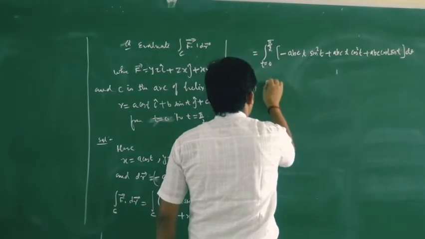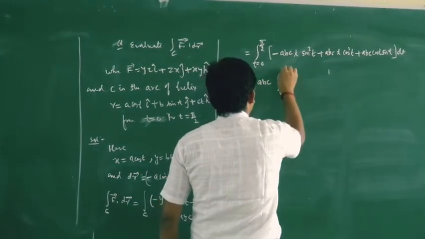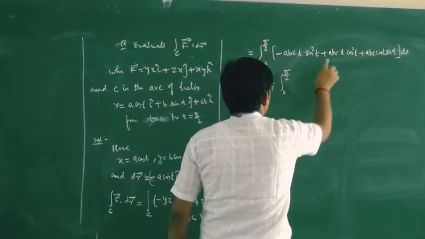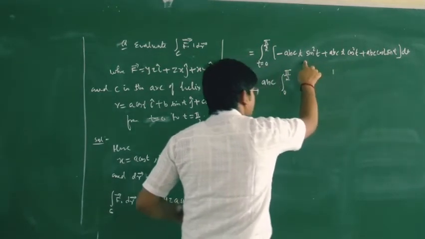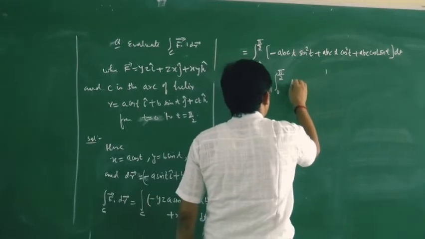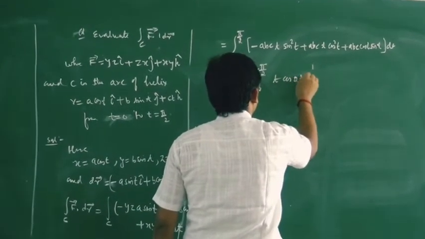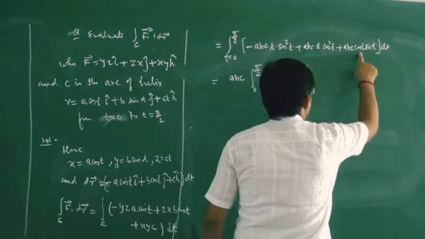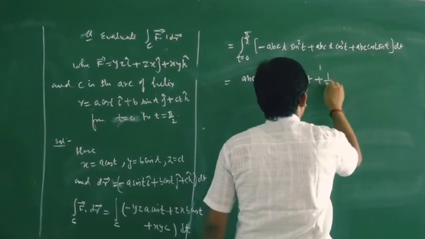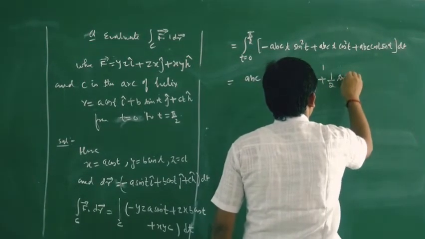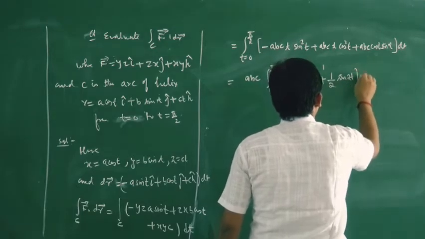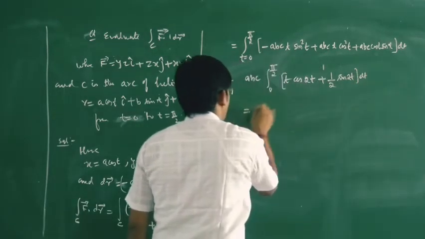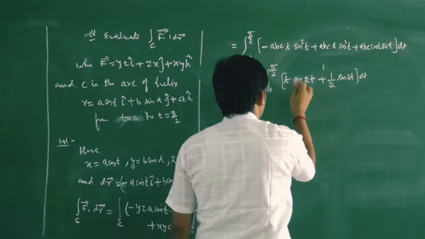So let us take abc common, with t from 0 to pi by 2. Now this is cos squared minus sin squared, so this is cos 2t, so we have t into cos 2t. And let us divide this term by 2, then this will be 2 sin t cos t, so this is sin 2t. Then integration with respect to t. Let us use integration by parts in the first term.